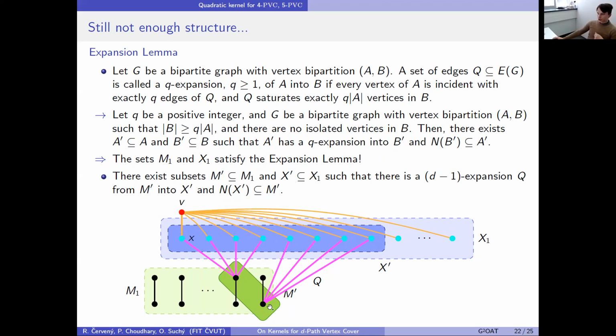And for the other vertex, there will be other disjoint 4 vertices connected to or expanded from this vertex. One more condition that's important to us is that the expanded vertices, their neighborhood lies in the dark green vertices.